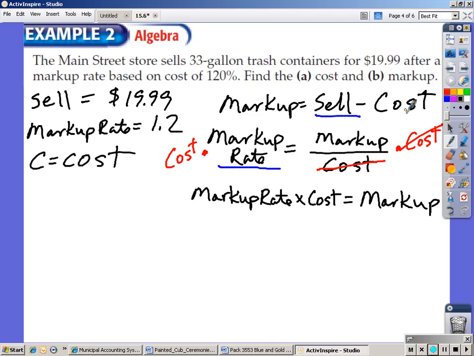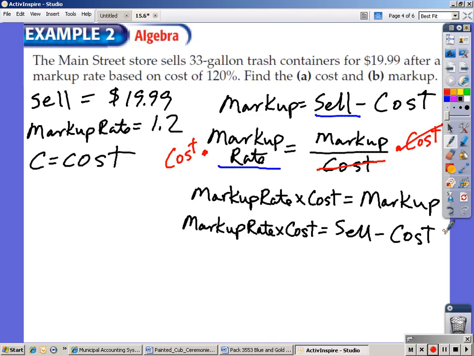So the formula that we need to use in order for this to work is markup rate times cost equals selling price minus cost. Okay? That's the only way this will work. And all we did is we manipulated our formulas, so we got a value for markup.